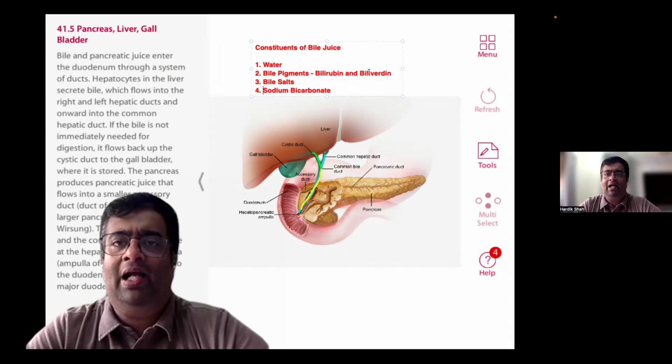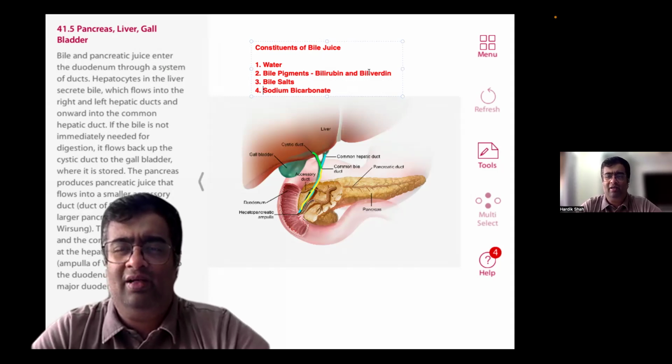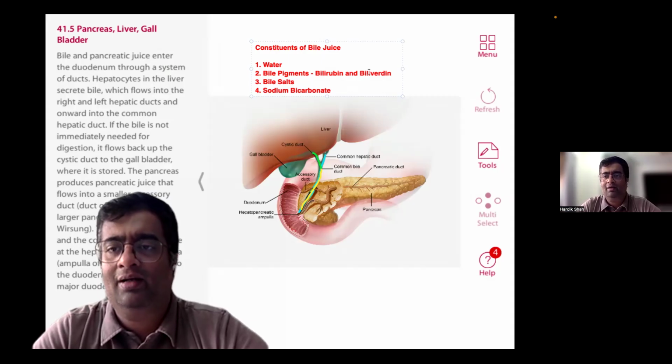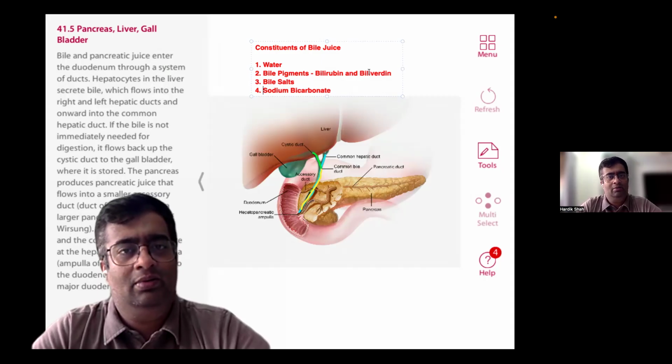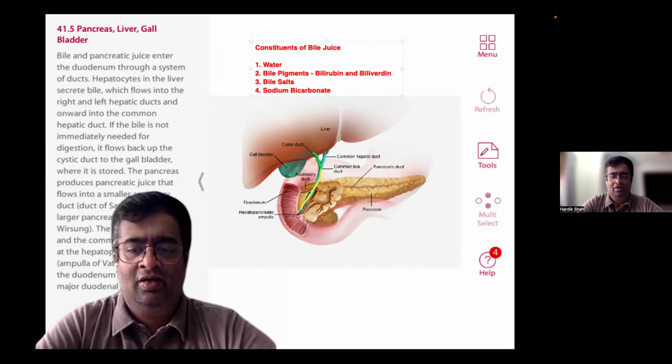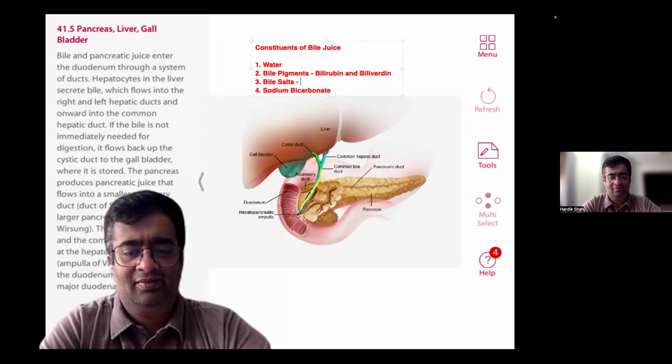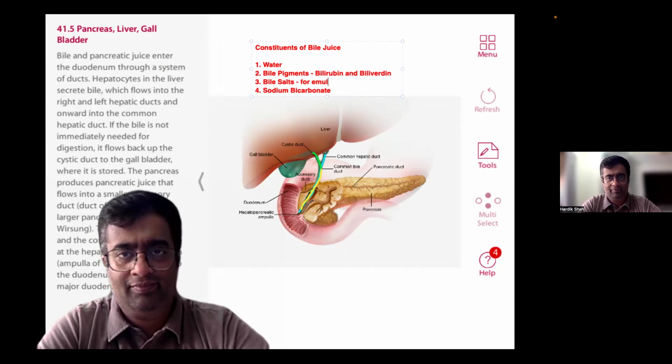Now, the function of bile pigments is to impart color to the fecal matter. It's not a function as such, but that is what they are known for. Bile salts definitely have a function, that is to emulsify the fat.